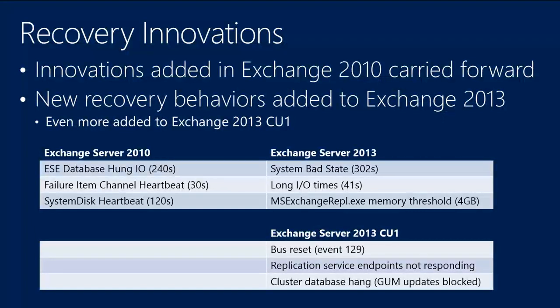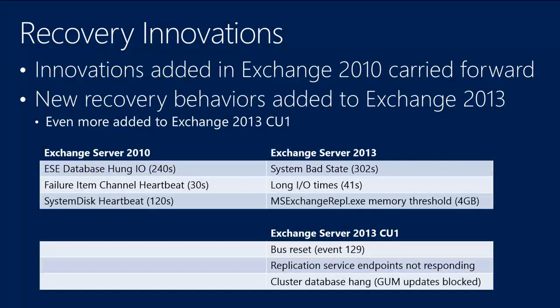Okay. So some of the other things that we did, we carried all of the Exchange 2010 stuff into 2013, but we added more to it as well. So things like system bad state. This is when the system is in such a bad state that threads just aren't getting scheduled anymore, including managed code threads. And if we see the system in this state for about 302 seconds, we will correct that, again, by forcibly rebooting the box, bug checking the box.